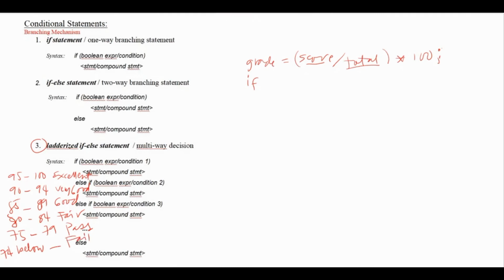So we would say here, say we declare grade as integer. So this would be giving us an integer value which is then assigned to grade. And then we say for this, what conditions should we write here so that when that is true, we would output grade is excellent.